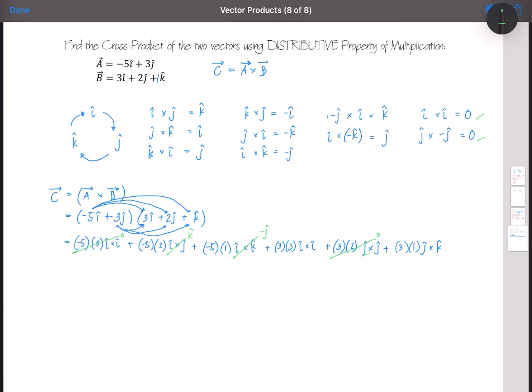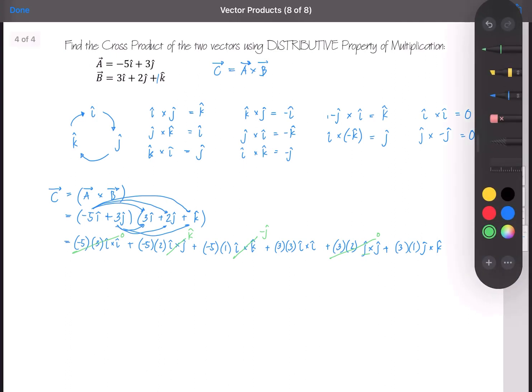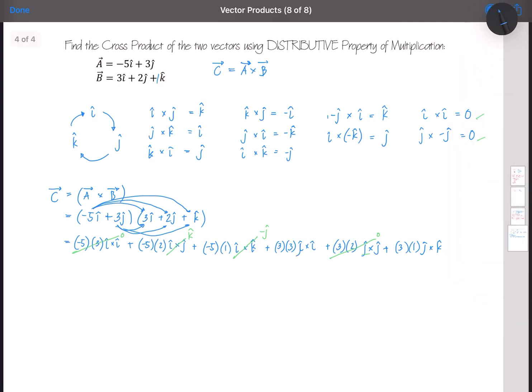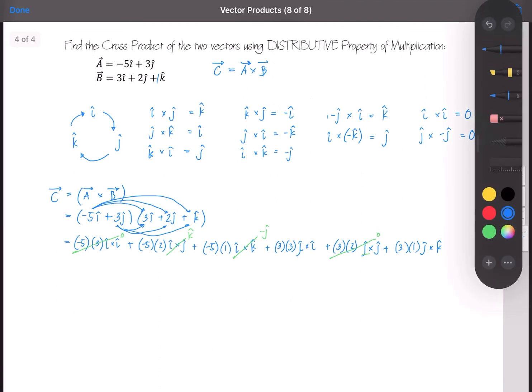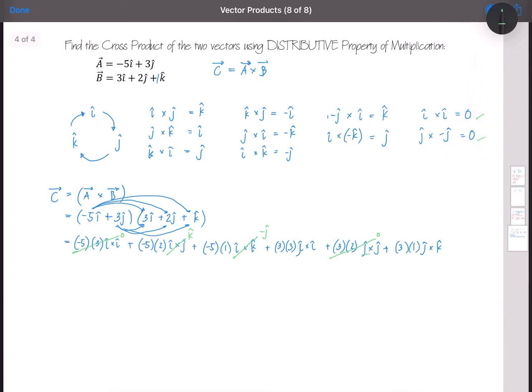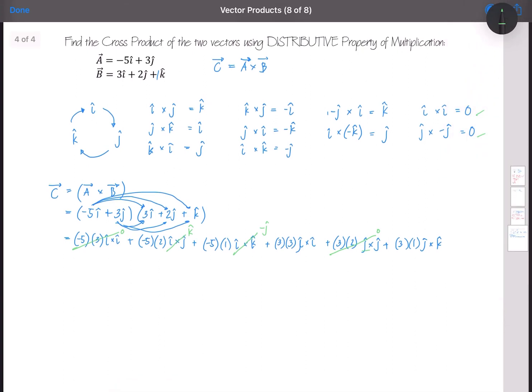Then j hat times i hat is now equal to negative k hat. And then j hat times k hat is i hat.